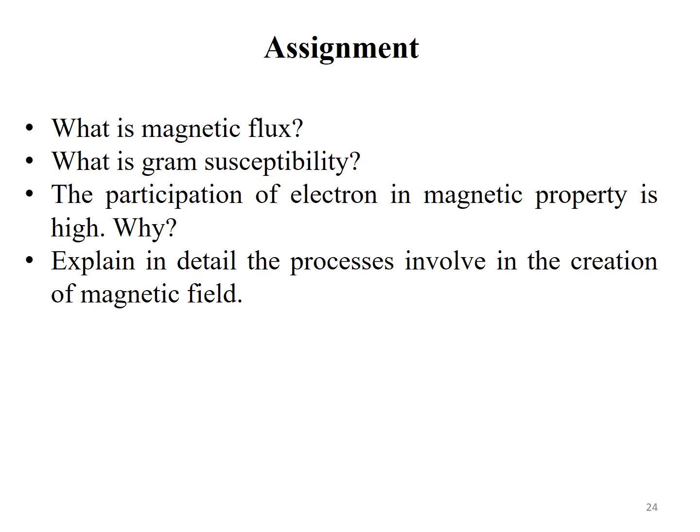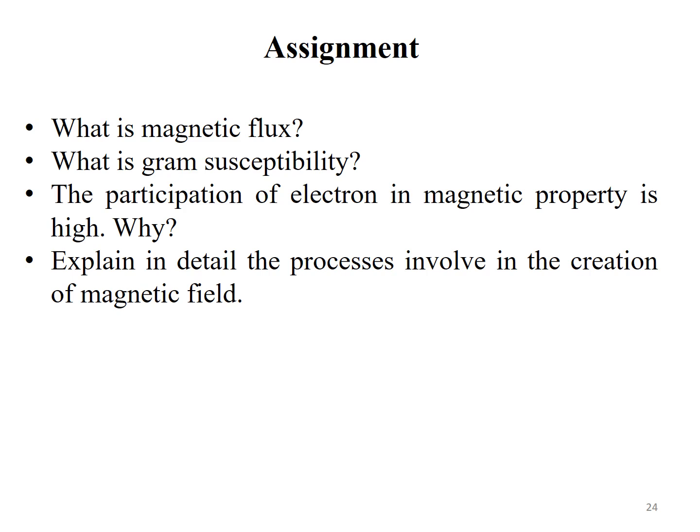Gram susceptibility and molar susceptibility are two magnetization units, and I am giving you a clue that susceptibility is a ratio of two magnetic field strengths. The participation of electrons in magnetic property is high: this is related to paramagnetism.